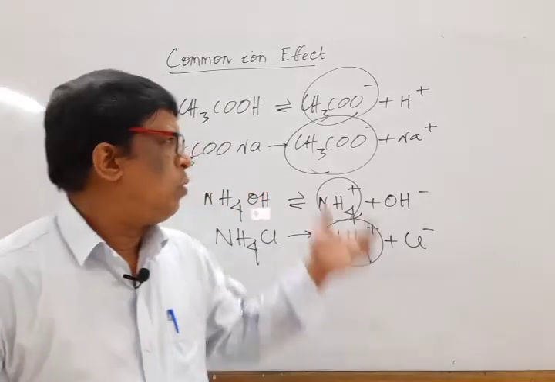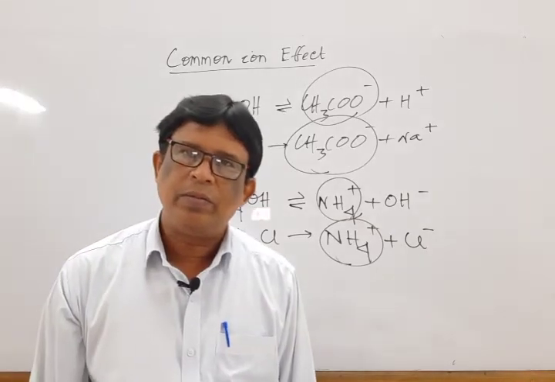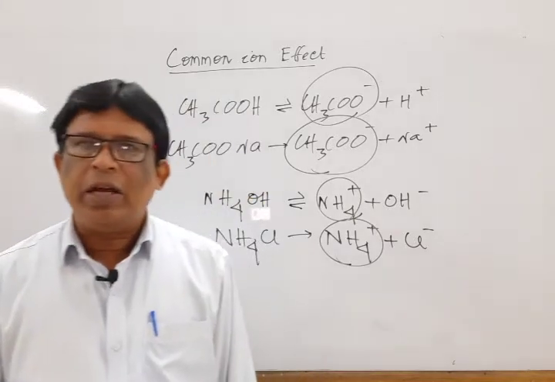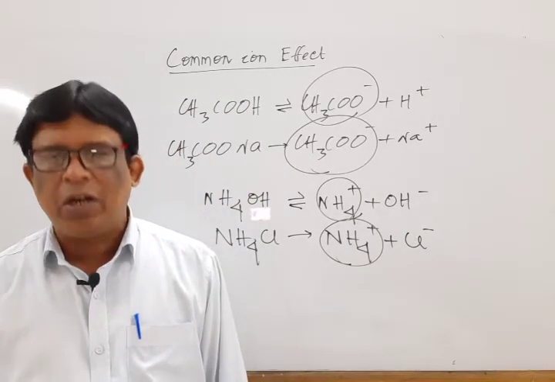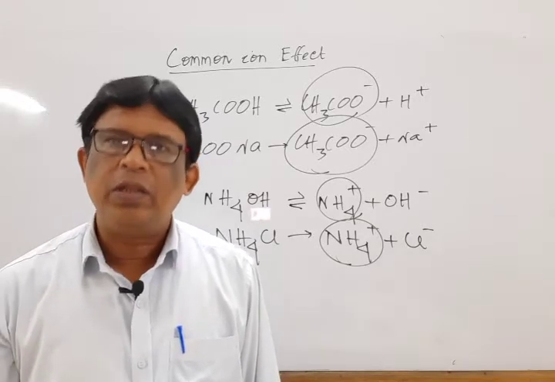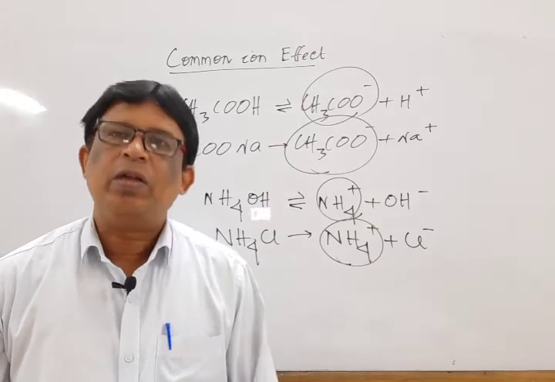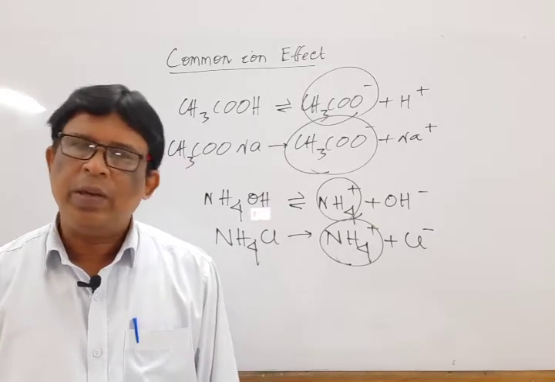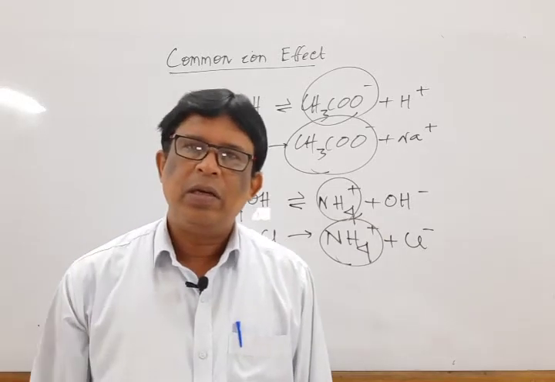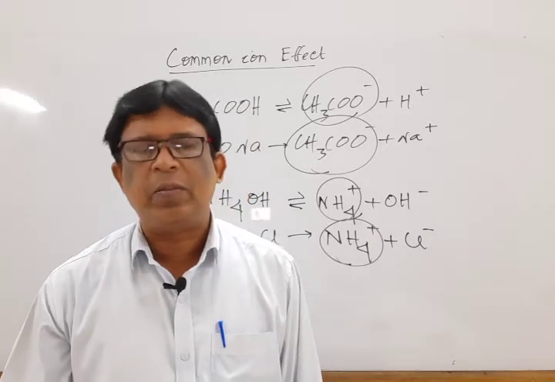The application of common ion effect is nearly equal to that of the application of solubility product. In the previous class, under the heading of application of solubility product, we already covered point 1, the criteria, the condition to check the precipitation. That means, if ionic product exceeds a solubility product, then it is known as supersaturated solution, precipitation takes place.